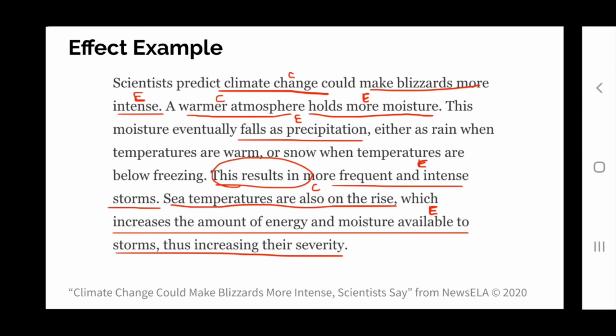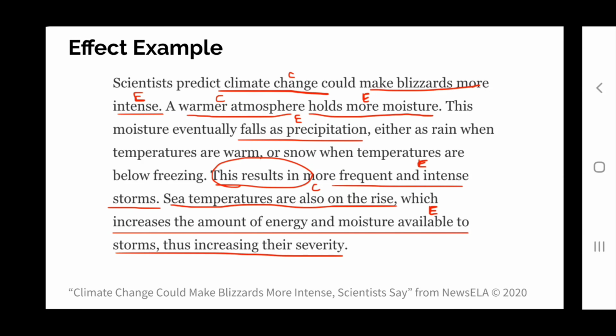So that this results in, and then it gives me that information, then that means that this is a cause. So that's why it has a C there. Sea temperatures are also on the rise, which is another signal word, increases the amount of energy and moisture available to storms, thus increasing their severity. And that's my effect.